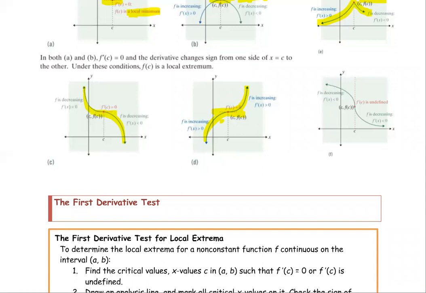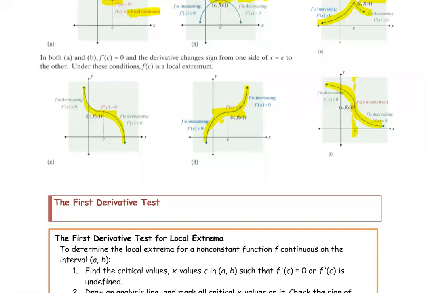And in the last case, you have the graph that is falling down, and at the point x equals c, the derivative is undefined, but still you don't see a sharp turn or anything. The graph just goes smoothly.